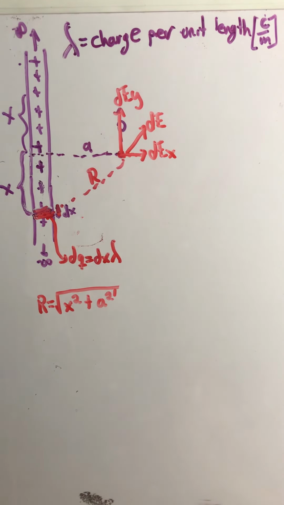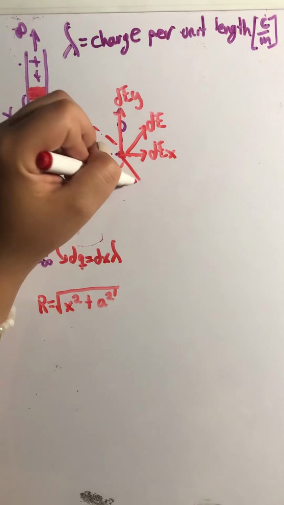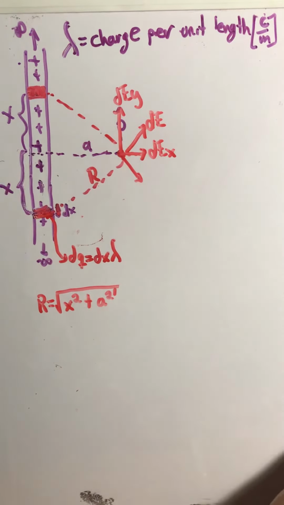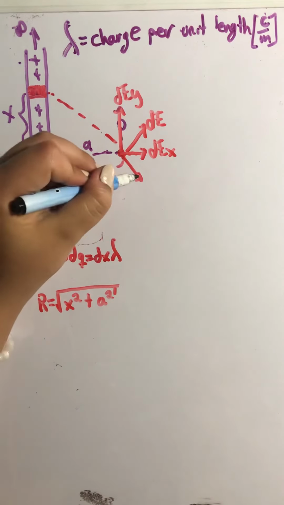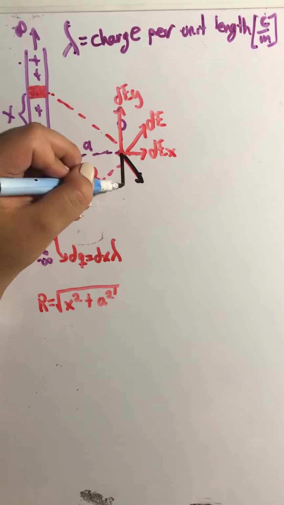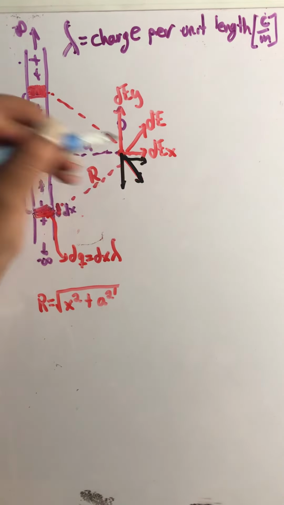But we want the electric field, which is the sum of all of them. So let's remember x will fluctuate. Let's say we have another dq over here, and they're infinite dq's. By symmetry, the dE will go like that, dEy will go down, and dEx will go that way.